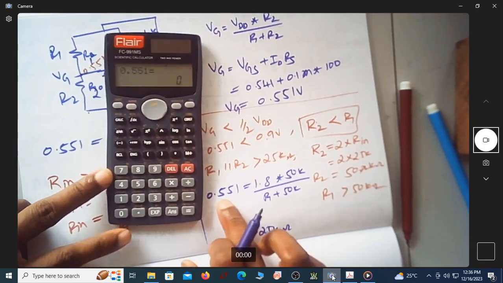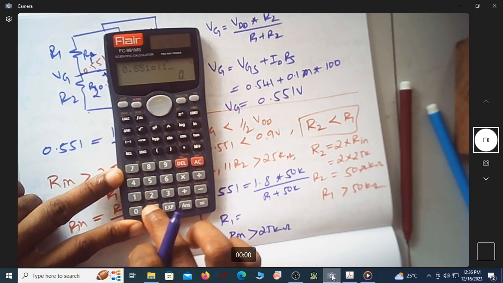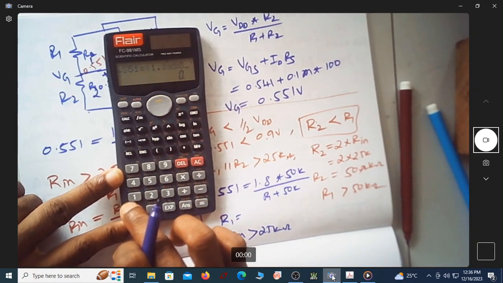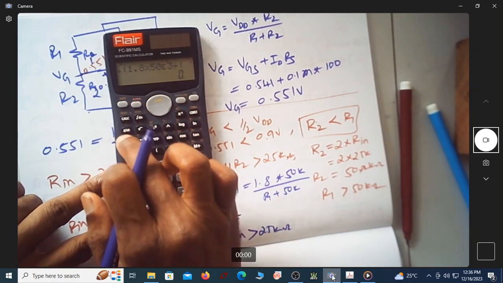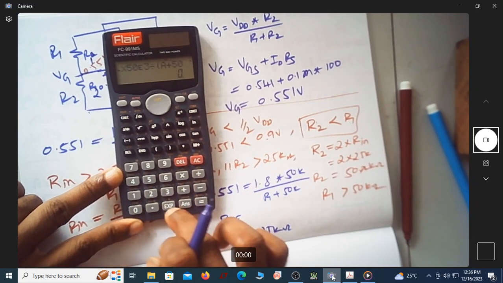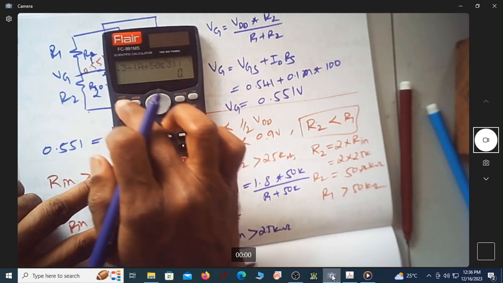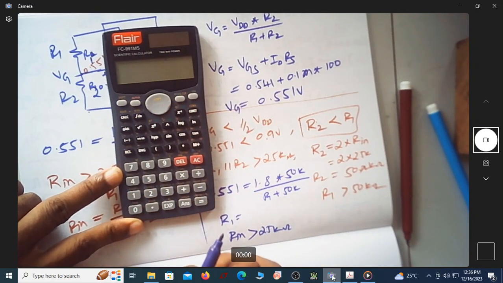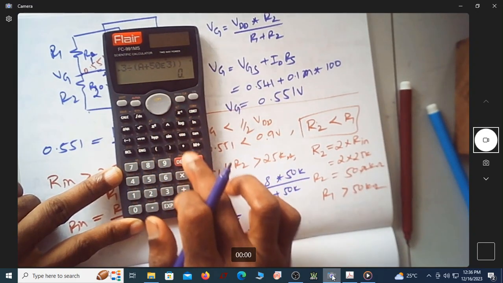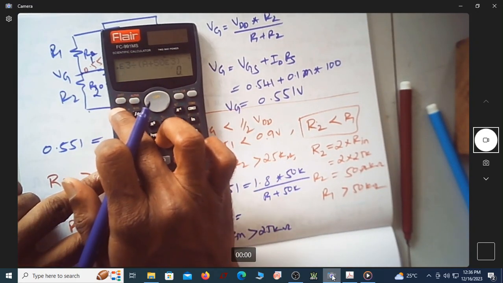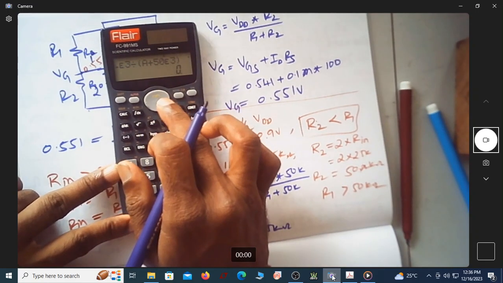So what I'm trying to do is 0.551 alpha equals, open the parenthesis, 1.8 into 50 exponential 3 divided by alpha A plus 50 exponential 3, close the parenthesis, shift calculate. I think I have two parentheses closed, so let me delete one of them.